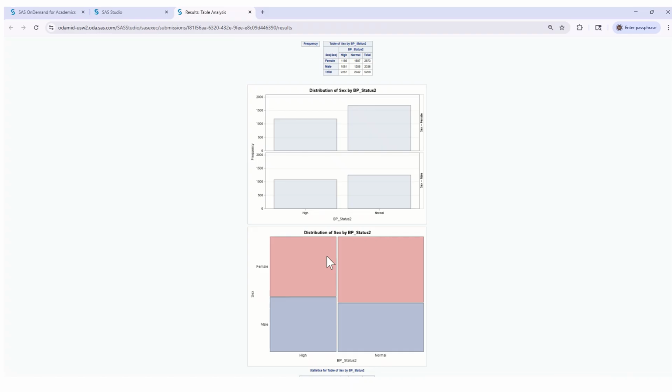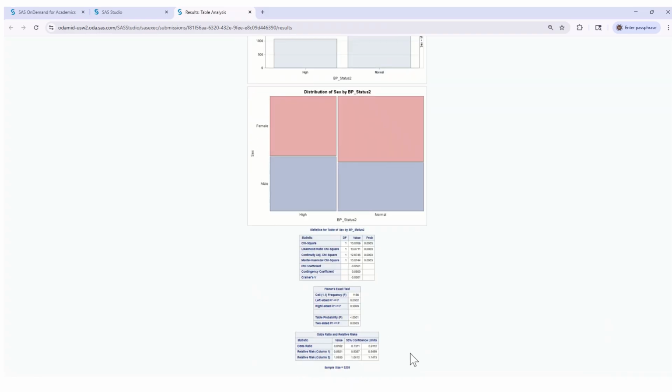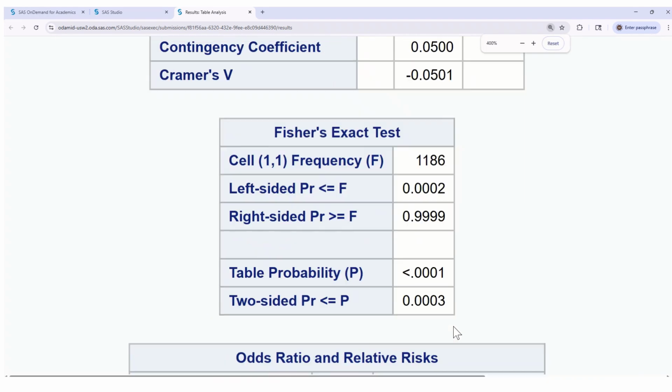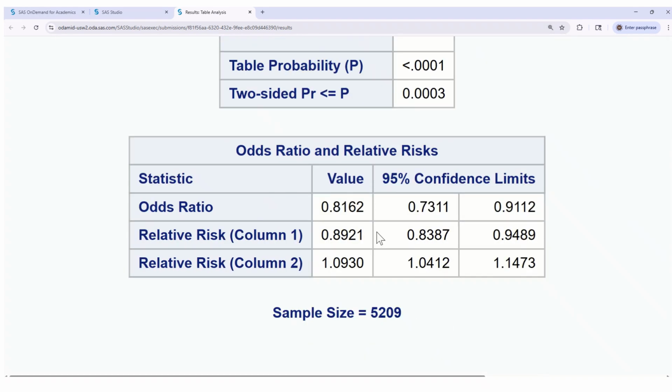Okay, so here are our results, and if you look at the last table at the bottom, we see the odds ratio, that is 0.81, which means that the females have almost 19% lower odds.